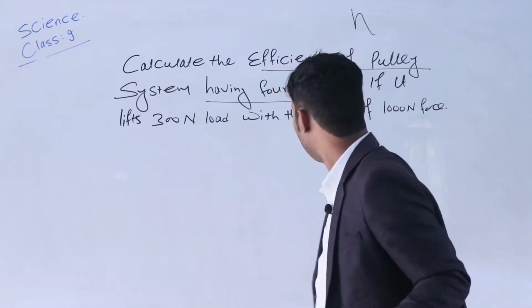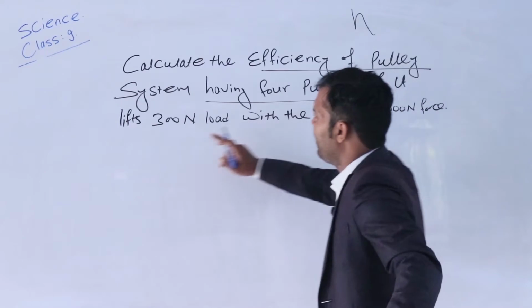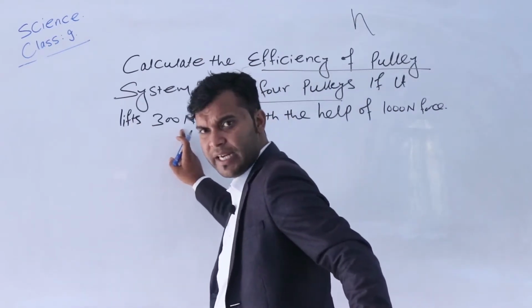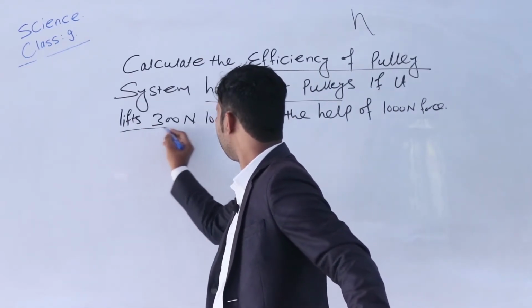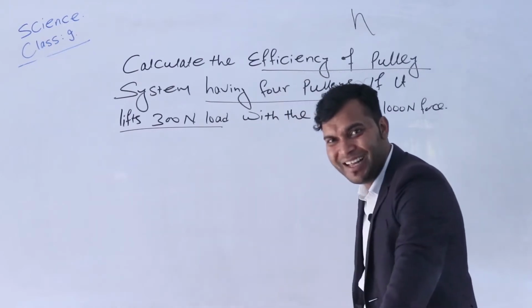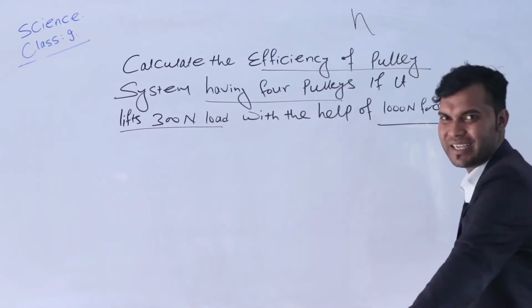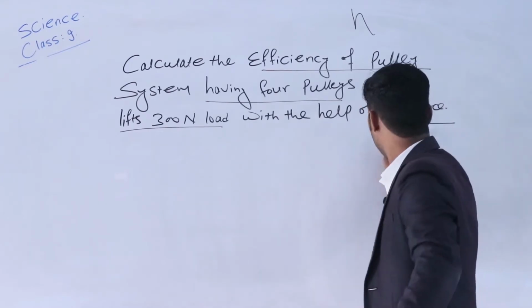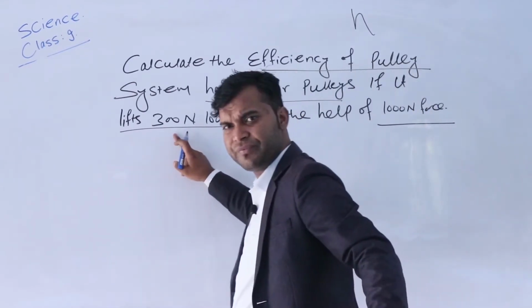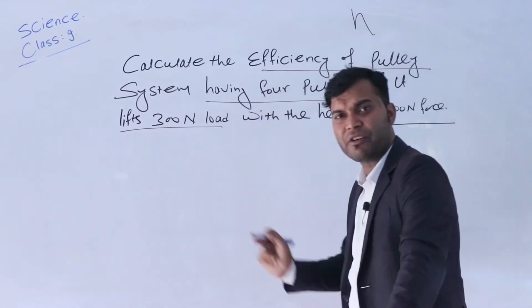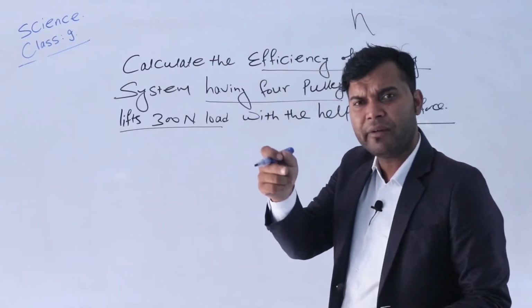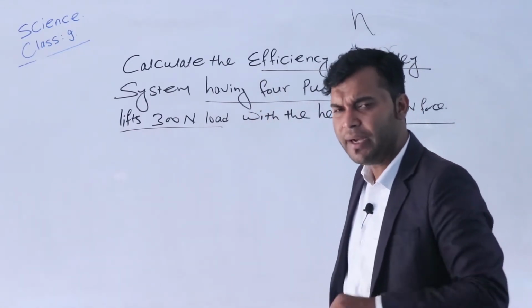In a 4 pulley system, it lifts a load of 3000 Newton with the help of 1000 Newton force. These are the load, effort and VR. Start to calculate. Do fast, student.